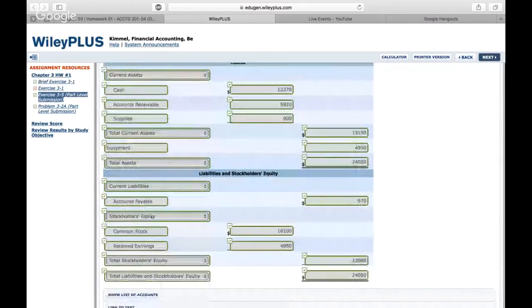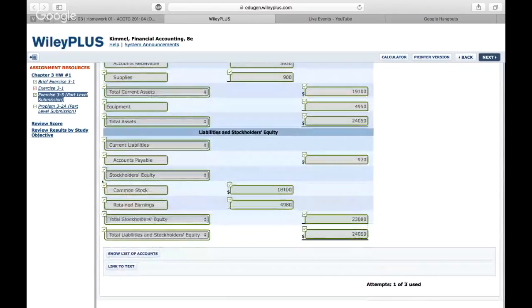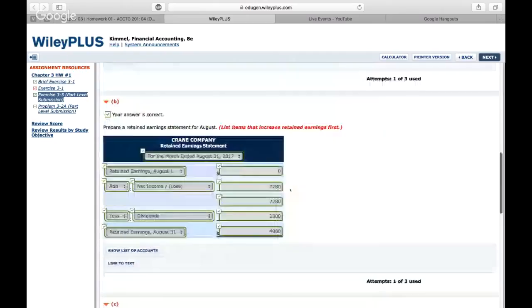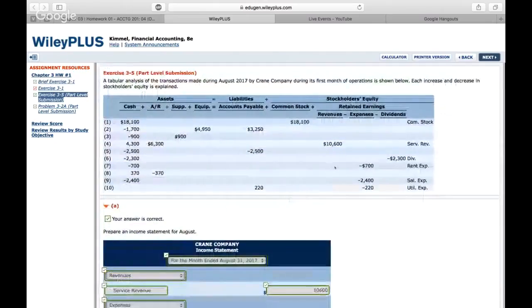And then where am I? Right here. So then you have the stockholders' equity is next. We know that every time it's going to be common stock and then retained earnings. So to find the common stock, scroll all the way back up again. See right here, it's going to be common stock. Apologize. So it's going to be underneath the stockholders' equity and the retained earnings. So there's revenues, expenses, dividends.